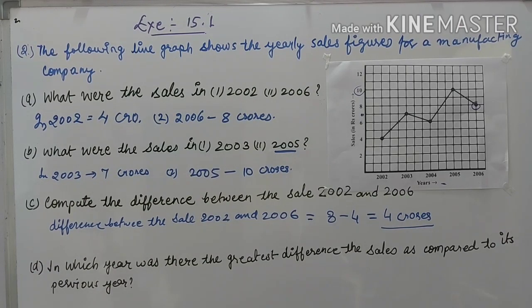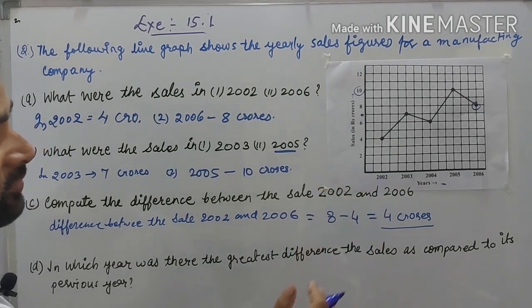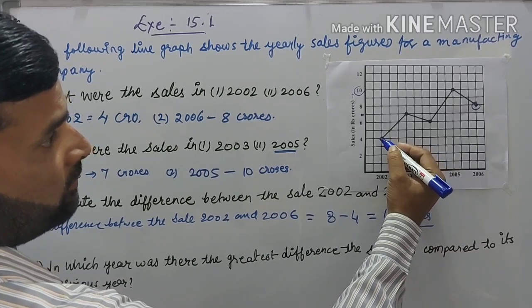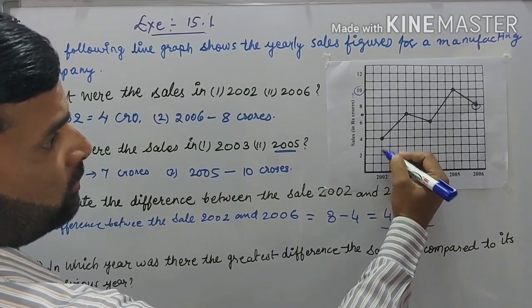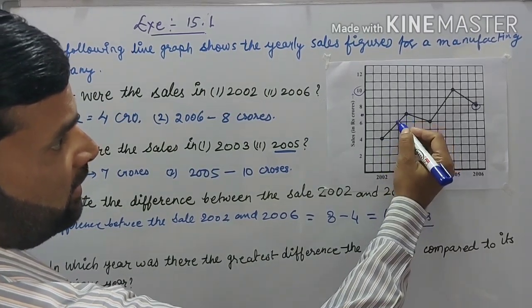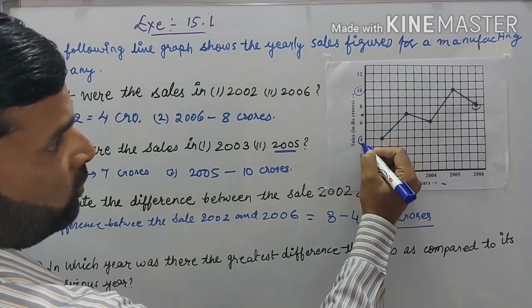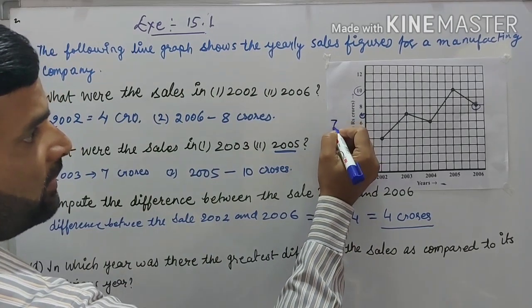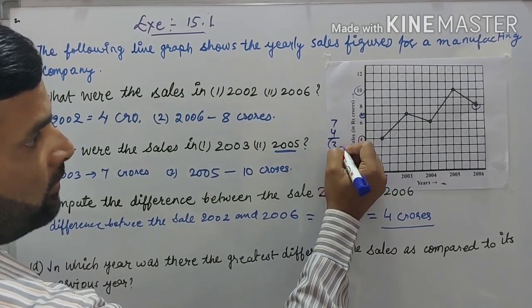Next, in which year was the greatest difference of the sale? Greater difference means the high jump of the sale. First we check 2002 and 2003: the sale goes from 4 to 7, so 7 minus 4 is equal to 3 crore.